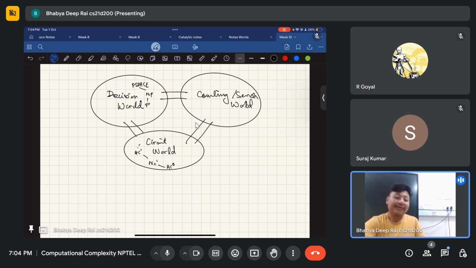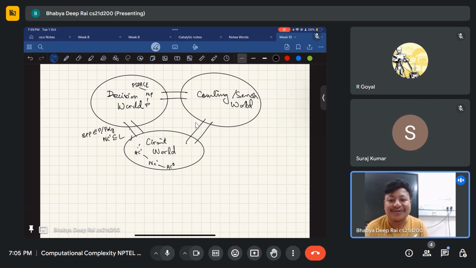Can we build bridges between them? A bridge is the uniformity argument between circuits and machines. For example, something like NC1 is contained in L, and BPP is in P/poly.